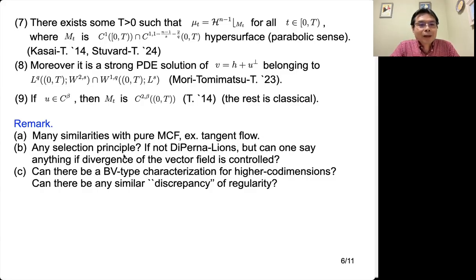And as I mentioned already, I would be very interested to know any selection principle, such as some analog of the dependent ions, perhaps. But I have no idea about this one.